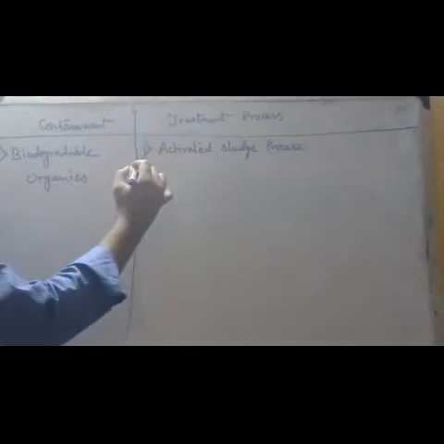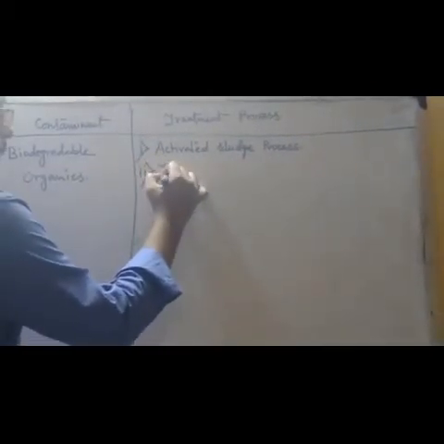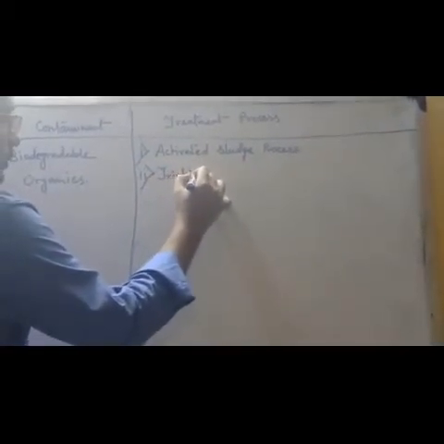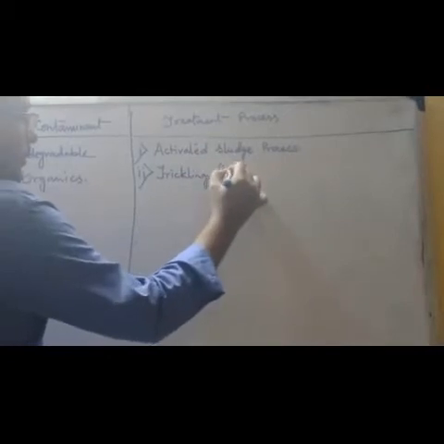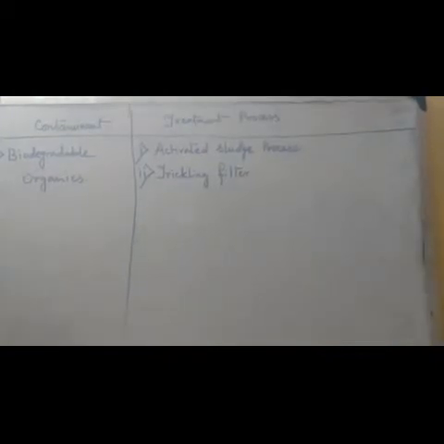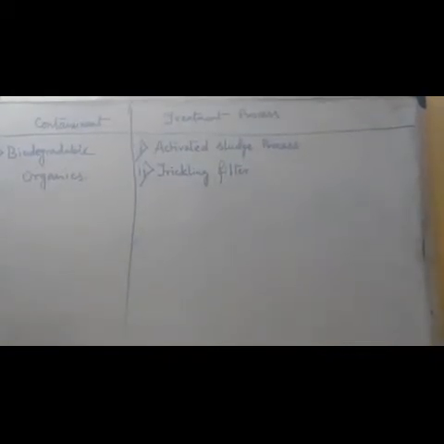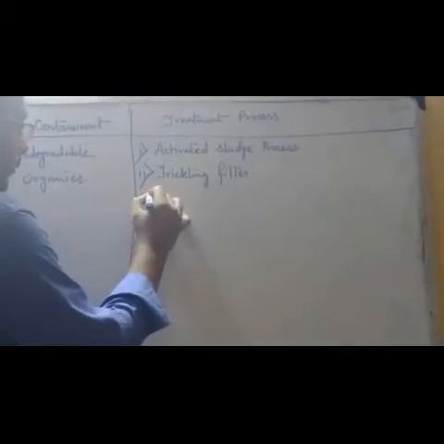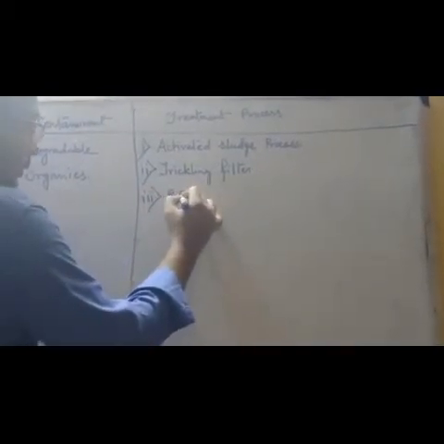The second is trickling filter. And the third is rotating biological contactors, which we call in short RBC.